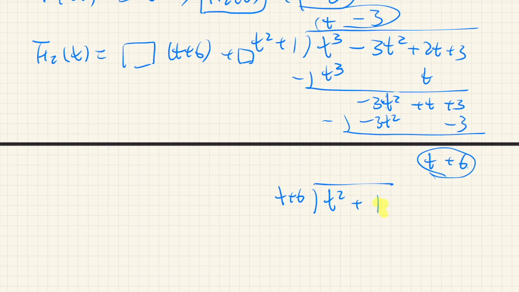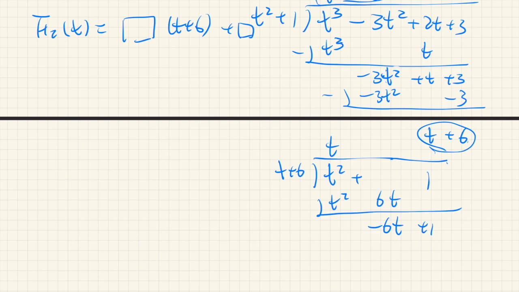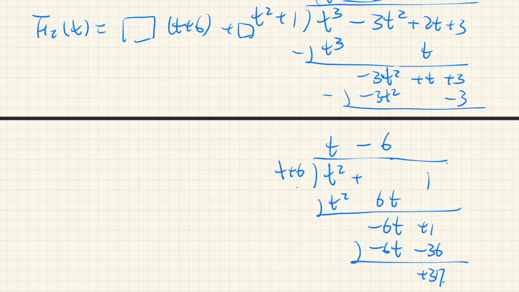So let's see, let's put this to here. t squared and 6t minus 6t, and erase this one, and minus 6, and minus 36, so 37.